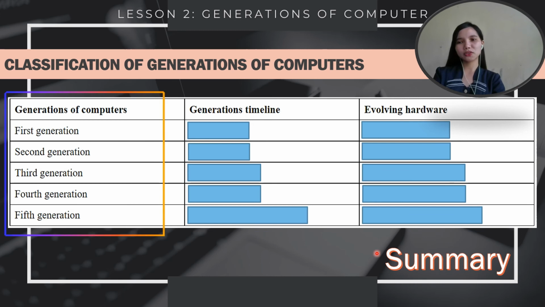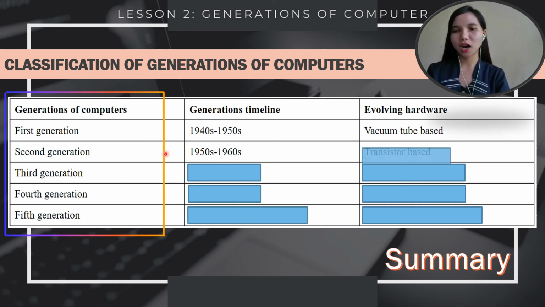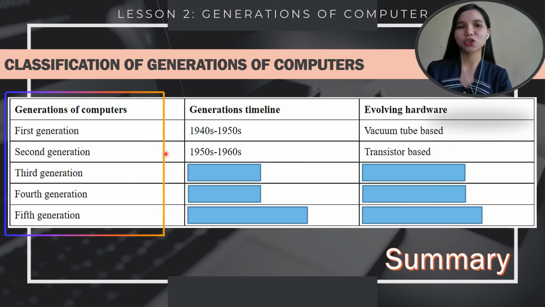On the first generation, class, that is from the 1940s to 1950s, and the evolving hardware used is the vacuum tube. On the second generation, from the 1950s to 1960s, the evolving hardware is the transistor. Transistor-based already, class.